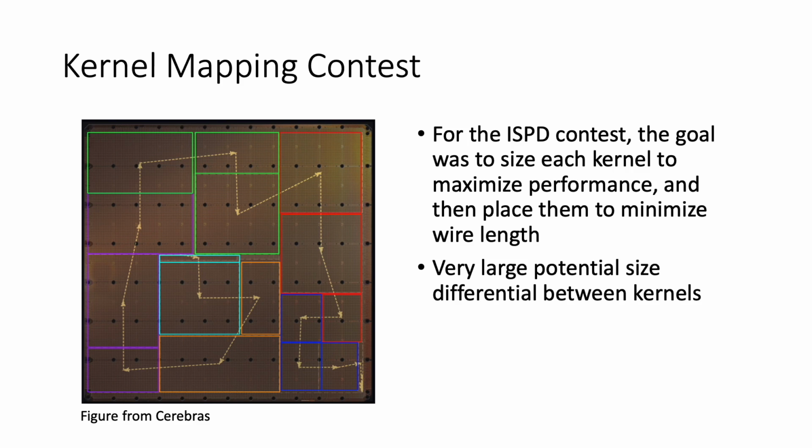The dashed light yellow lines are the connections between the kernels. And so we have a lot of rectangles, some connections between, and in some ways this is going to look a lot like a floor planning block packing problem, but there are a couple things that are a little bit unusual here that we can exploit and make for a better solution. Packing rectangles is always difficult, but we're going to use the nature of the kernel graph to our advantage.